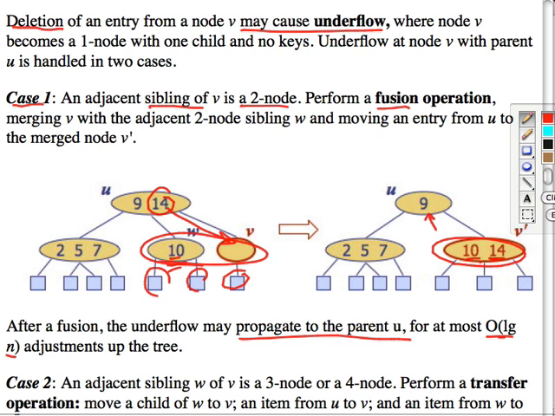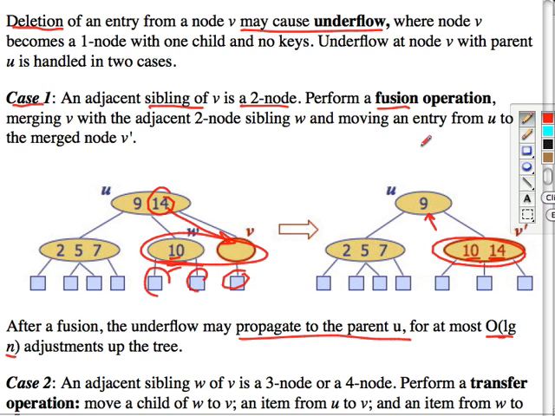So that part of deletion you can see is going to be log n. Always log n to get down to the successor, to put it up there. We always propagate the deletion down to the leaf node, and then potentially log n to propagate underflow back up to the top.